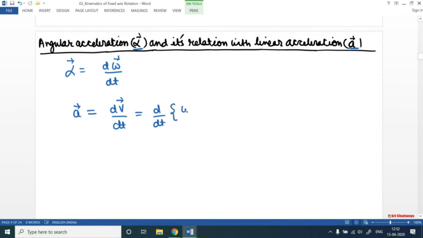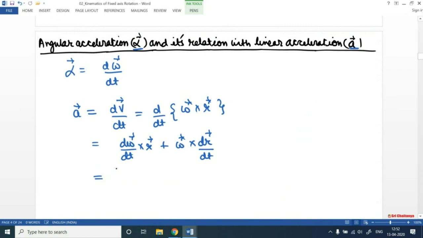V is nothing but omega cross r. So this we can write as d omega by dt cross r plus omega cross dr by dt.